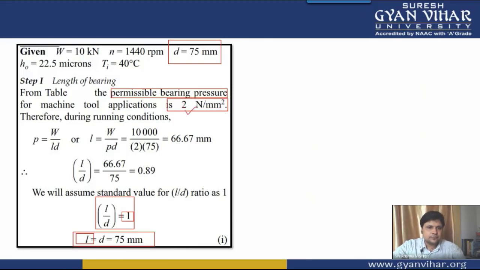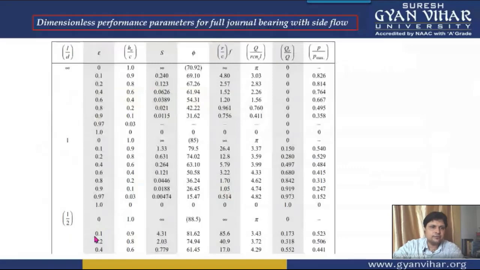L by D was calculated as 0.89, and we take a value near to the calculated value. So L by D is equal to 1, therefore diameter is taken equal to 75 mm.